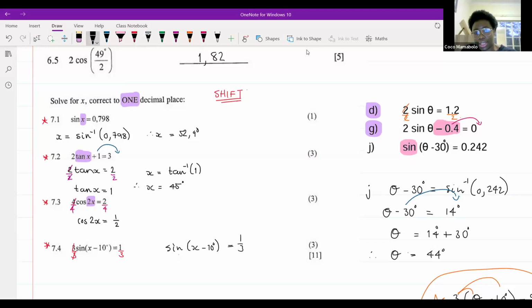So I want x minus 10 degrees is equal to arc sine of 1 over 3. Therefore, x minus 10 is going to equal 19,47 degrees. And now I've got that 10 degrees that needs to come over to the other side. Therefore, x is equal to 29,47 degrees. Well done to everyone.